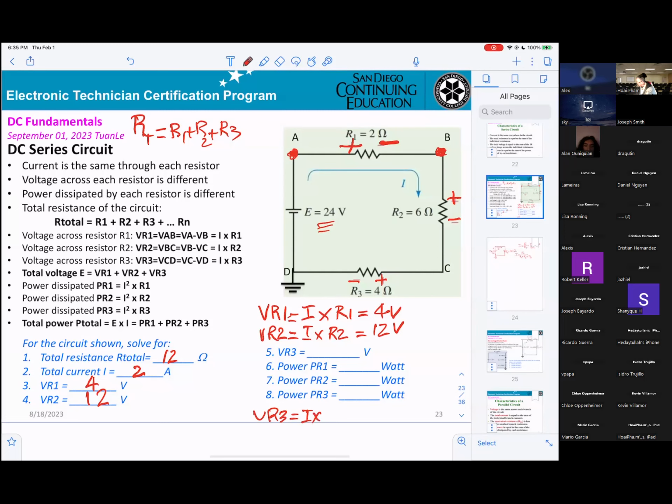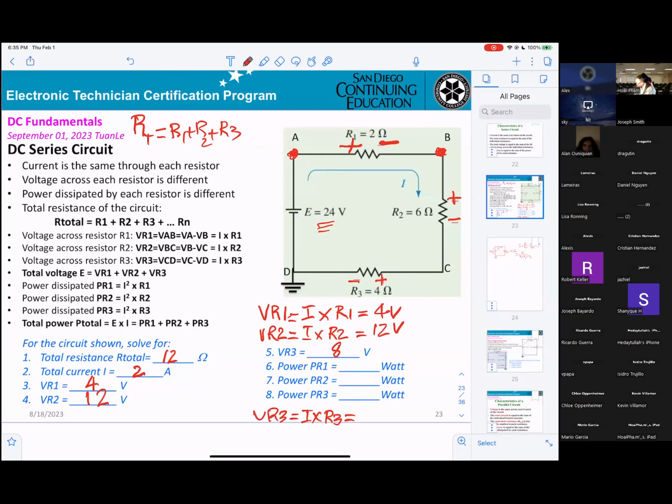I times R3. 2 times 4, so basically, 8. Okay? So you can get the voltage drop around R1 will be 4 volt, R2 will be 12 volt, and R3 will be 8 volt.